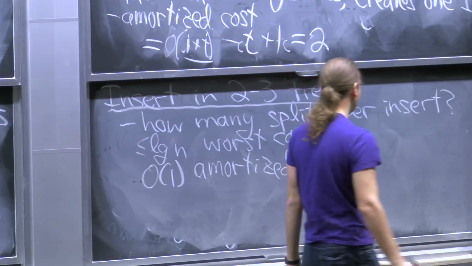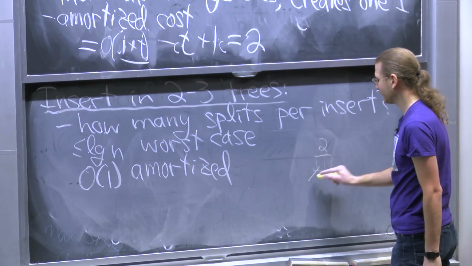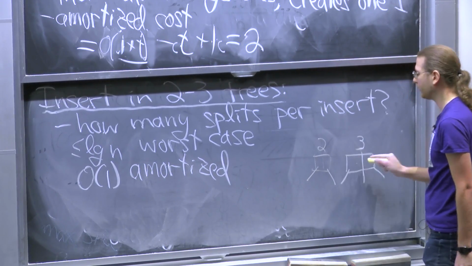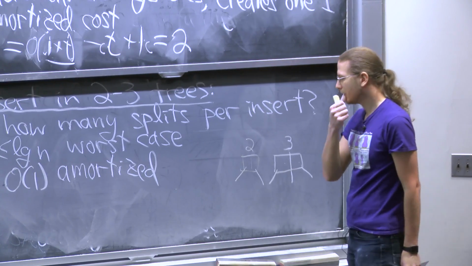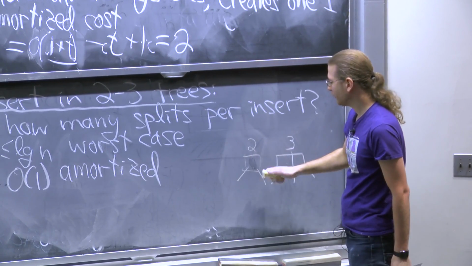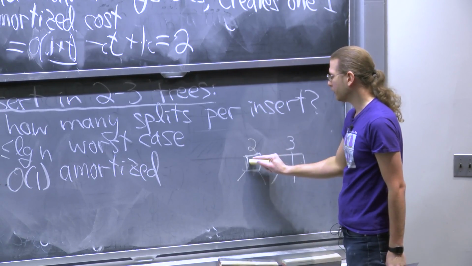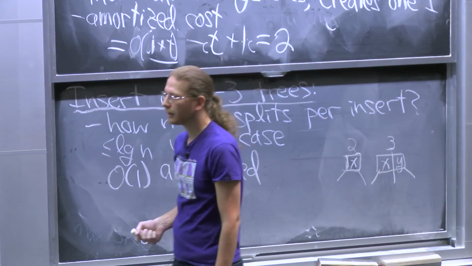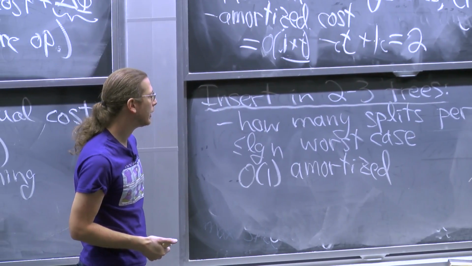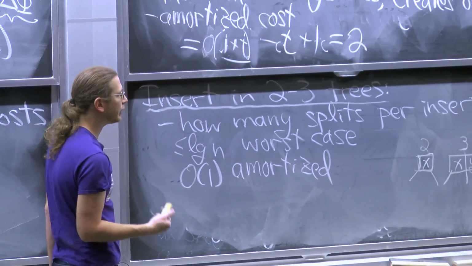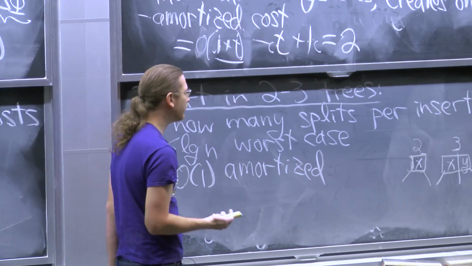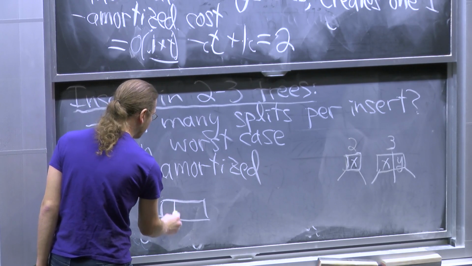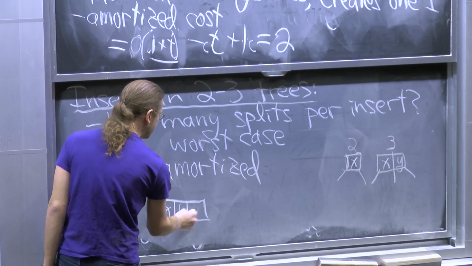In a 2-3 tree, we have 2 types of nodes: 2 nodes and 3 nodes. I'm counting the number of children, not the number of keys, which is one smaller than the number of children. This is just some key x and y. So when I insert a key into a node, it momentarily becomes a 4 node, you might say, which has 3 keys, x, y, and z.